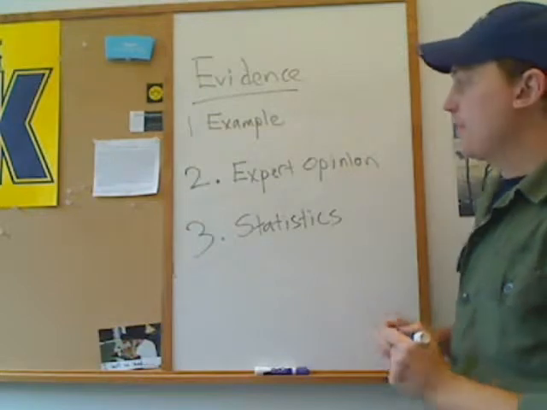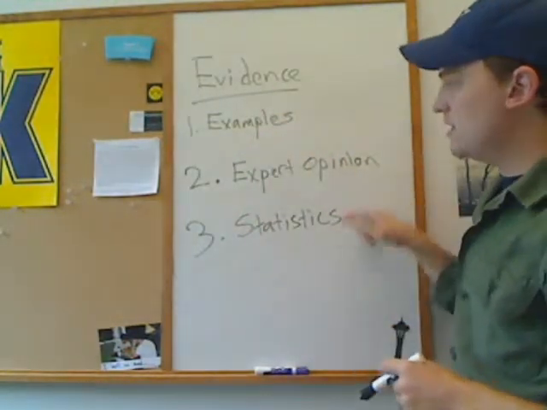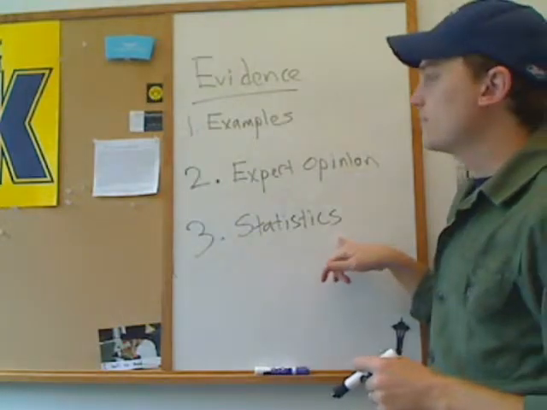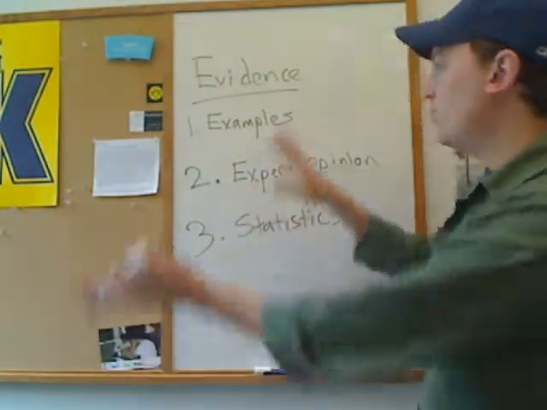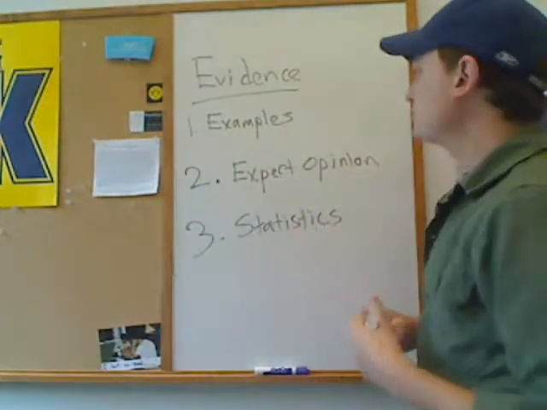Here are the three. Examples, got an S, expert opinion, and statistics. So in general, you could lump all evidence into these three types right here.